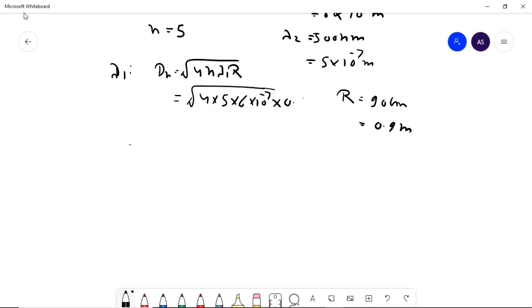Putting in the values, the answer is 3.286 into 10 to the power minus 3 meter, and you can also convert it to 3.286 mm. It will be the final answer of this question.